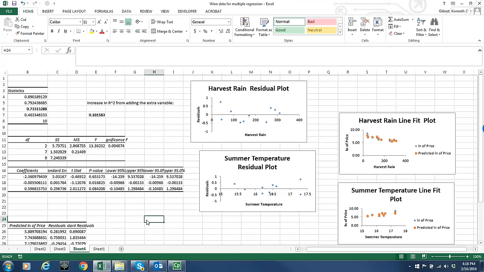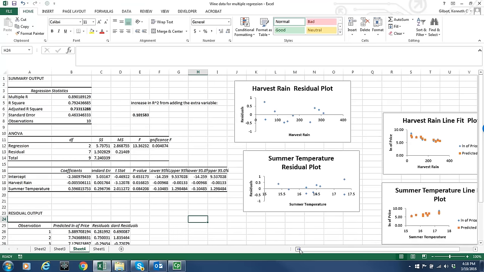So one reason for sticking with a model that has fewer parameters, unless there's compelling reasons to add more variables, and the compelling reason would be it explains a lot more of the variation, the adjusted R squared is a lot larger, is that you don't get as good estimates of your parameters when you add more variables. So that's reason number one, estimating the parameters.